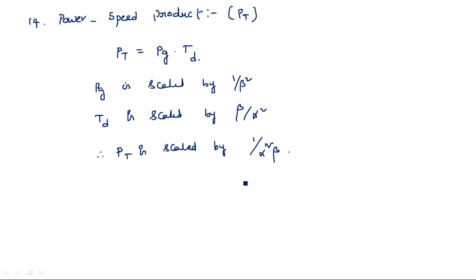For example, I am taking the parameter length. Length is scaled by alpha. But as alpha increases, the length becomes very small.